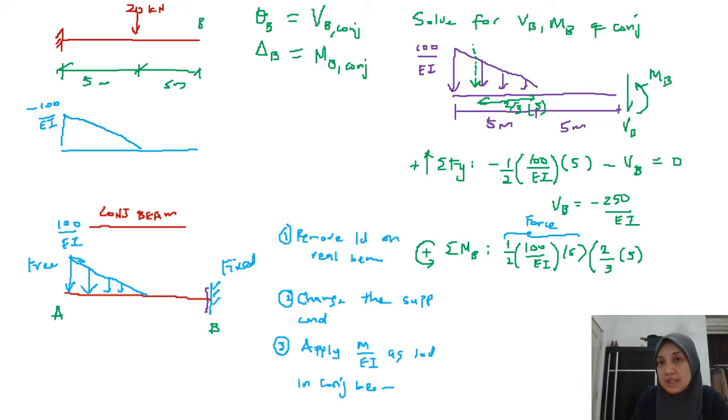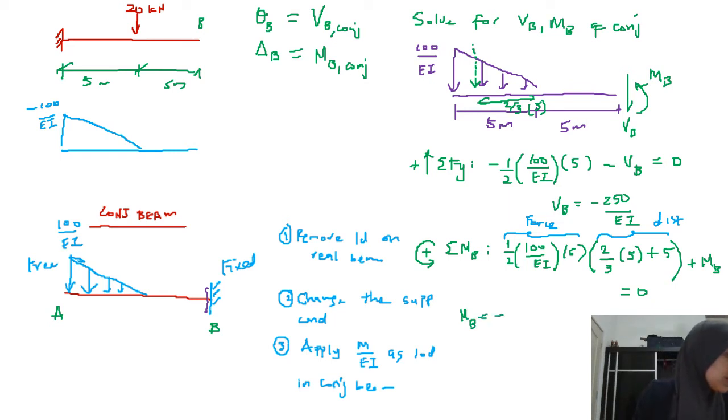But this is just the length from the load to the end of the triangle, so you have to add 5. So plus 5. These are the full force times the arm length distance. Then add it with MB, which is still positive because it's clockwise. Equate everything to 0. If you do this, you will get MB equals to negative... hopefully I got it right.